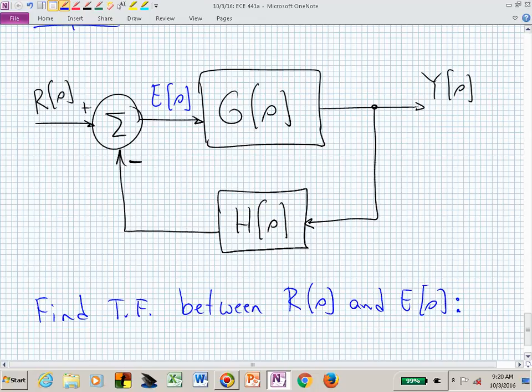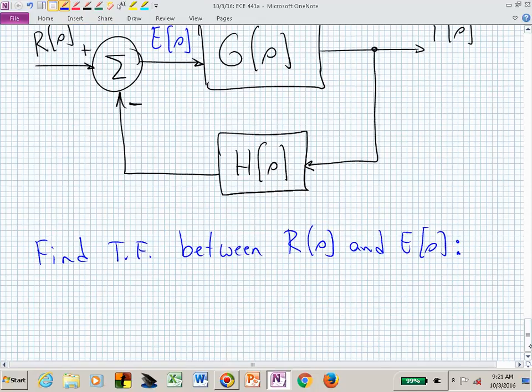Is it just one? Well, it looks like E is R. Well, E is a little bit more than R, isn't it? Because of this feedback. So E, because of this feedback interconnected structure, is more than just R. And we want to know what's the transfer function between R and E. It's more interesting than just a 1.